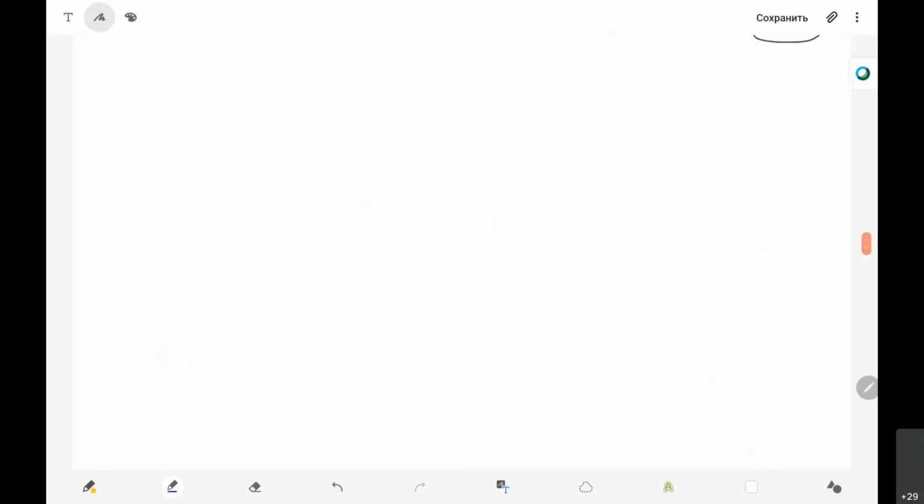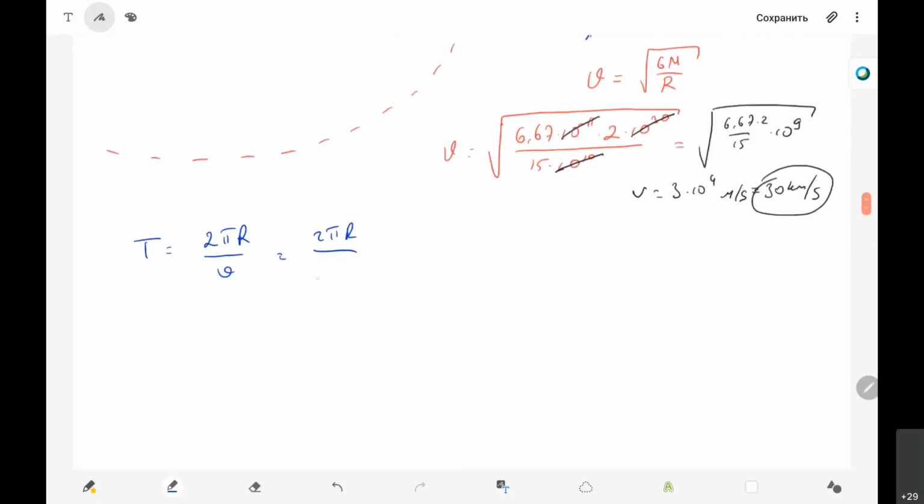What is a period? Period is the time needed for a planet, for an object, to orbit one complete circle. So this is not a new equation. We know the length of the circle, 2πr, divided by velocity, and we know that this velocity equals the square root of GM over r.